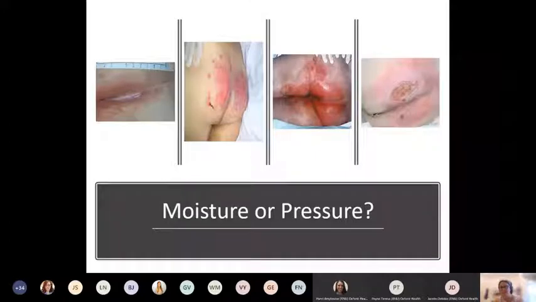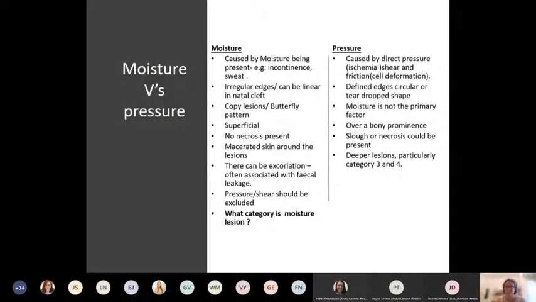You can see there's a circular part to it, but it points up the back slightly, and so that would suggest shearing forces, and probably this person is slumped or sliding down the bed or chair. Pressure is usually over a bony prominence, and you're more likely to have slough and necrosis in there, and the lesions are more likely to be deeper than the moisture. So hopefully those things will help you work out what you're looking at. Of course, both things can happen at the same time.